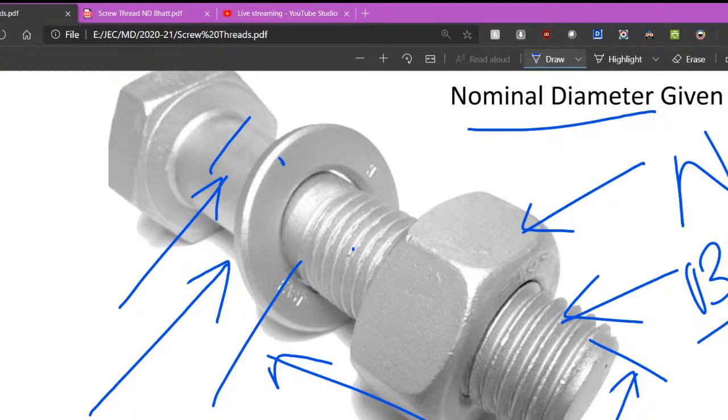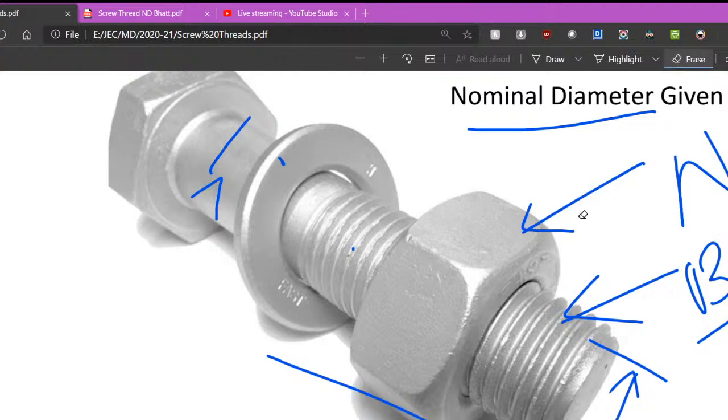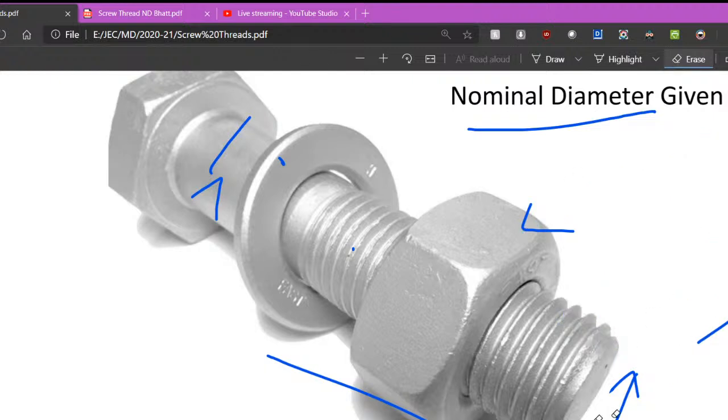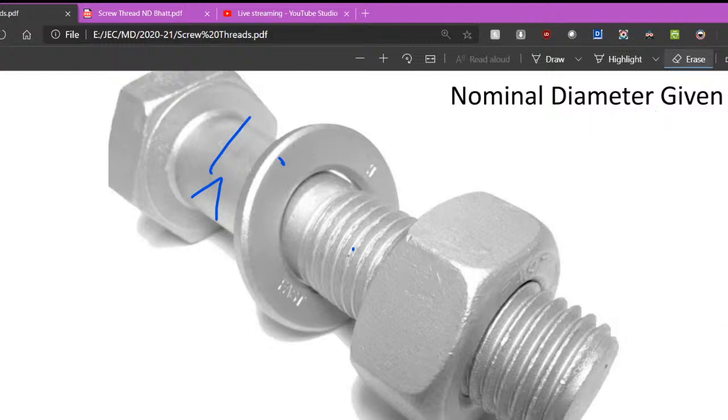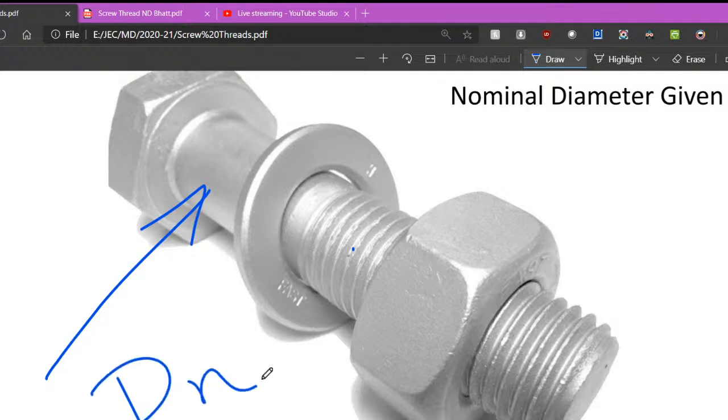Next I want to discuss how to get the value of P so that we can get the capital D and small d, and we can draw the thread form. To get the value of D, first we should know the value of the nominal diameter. What is the nominal diameter?